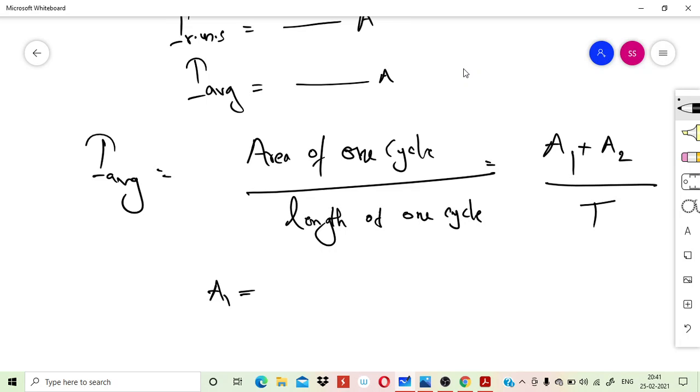A1 is nothing but a triangle, so the area of a triangle is half b h, half b into h.